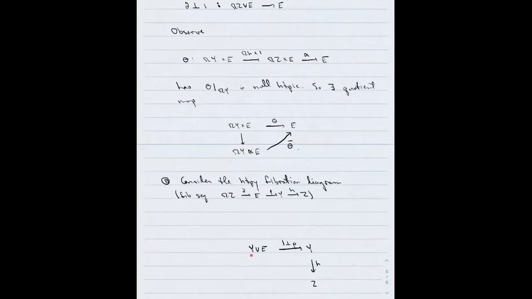So if we restrict to Y, we just get H, but if we restrict to E, we'll get E into Y into Z, and that's null homotopic because it's two steps in the fibration.